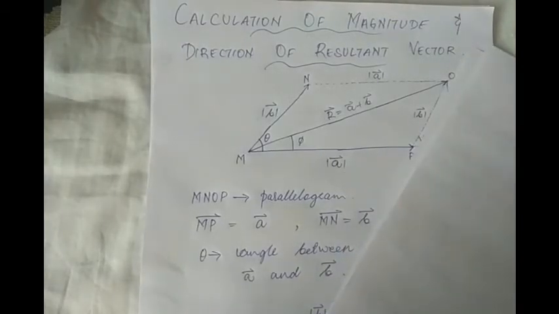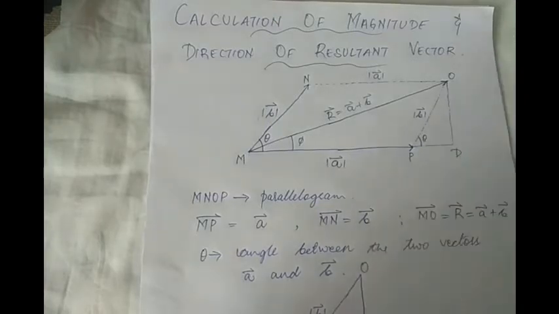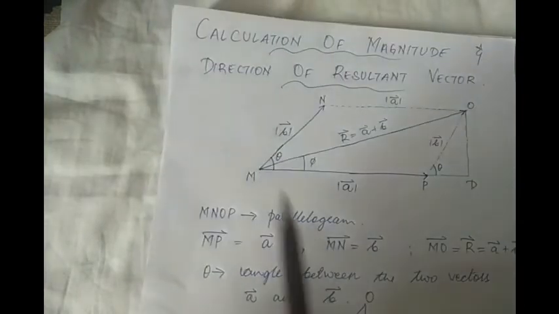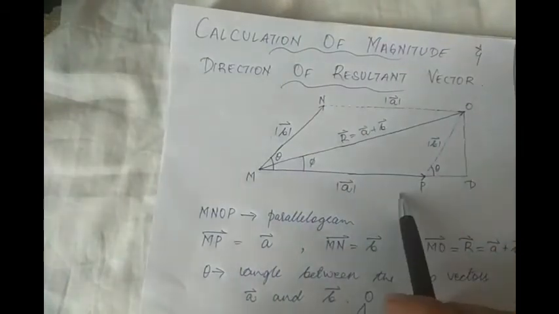Now what we need to do is a bit of a construction, and the construction goes like this. So MNOP is our parallelogram.